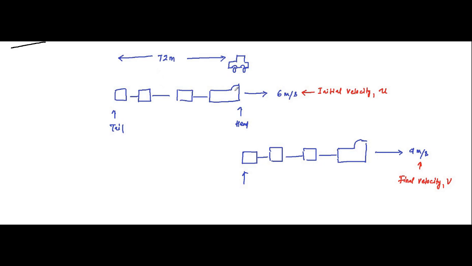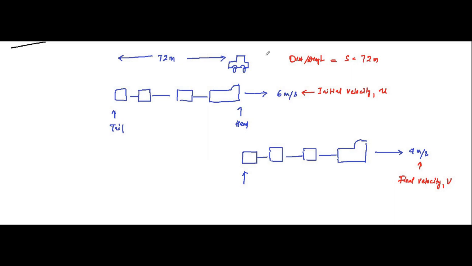And this 72 meters, which the train has covered from the head end to the tail end to completely pass the car, is the distance it has travelled. Distance or displacement, whatever you want to call it, because it is travelling in a straight line, that is displacement.